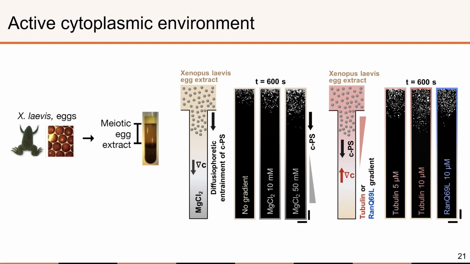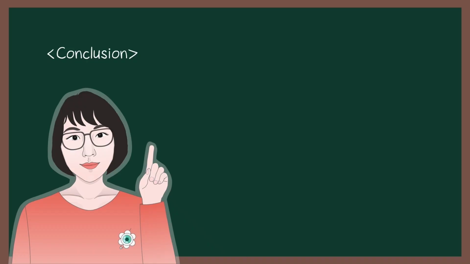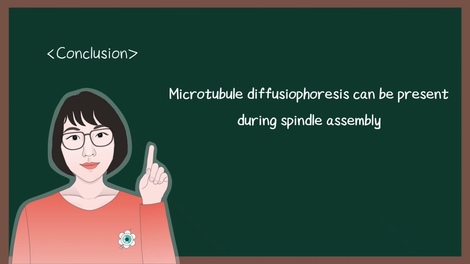Polystyrene microsphere was chosen as a representative negatively charged particle to rule out other physiological processes that could occur with microtubules. We confirmed that magnesium chloride, tubulin, and RanGTP-driven diffusiophoresis occur even in the frog egg extract condition, which led to our final conclusion that microtubule diffusiophoresis can be present during spindle assembly.